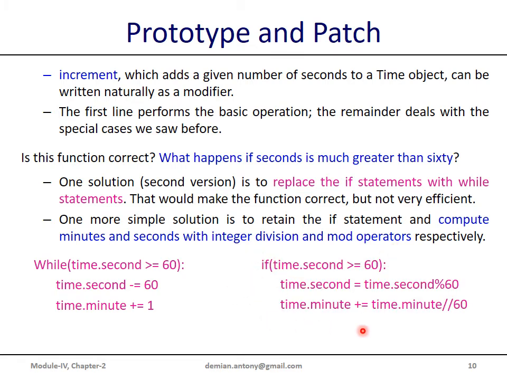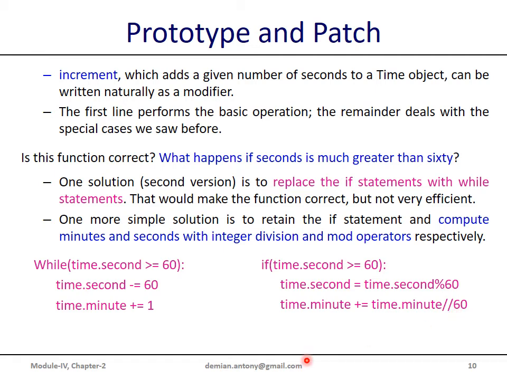Let us understand the code for the seconds. If time.second is greater than or equal to 60, we take the remainder after division by 60, that is mod 60, and that becomes the new seconds, and we increment the minutes by the integer division, which is nothing but the number of minutes.